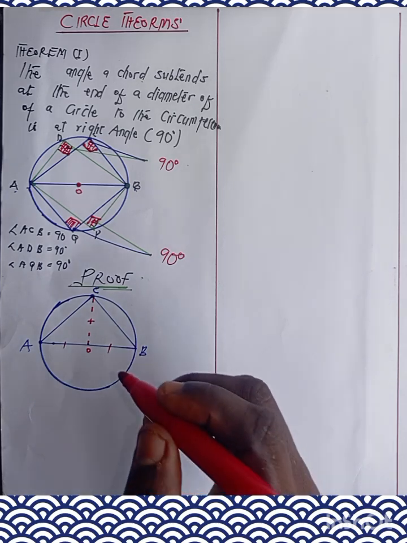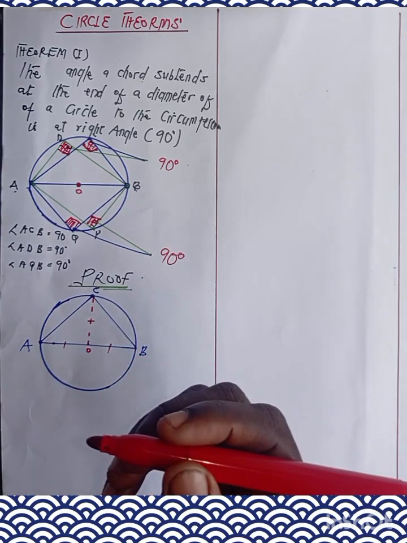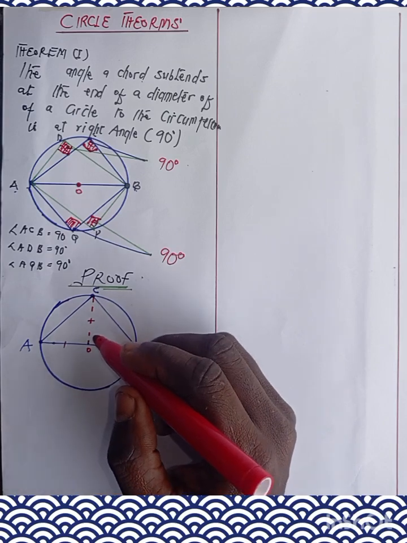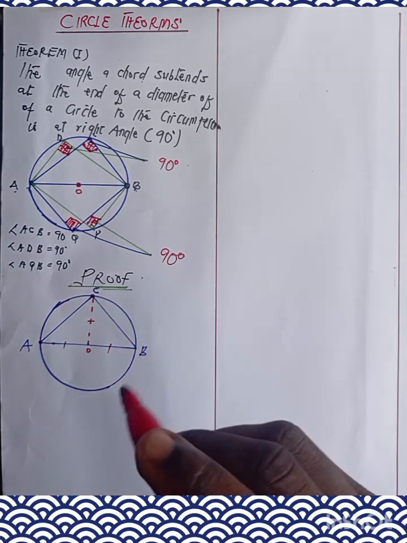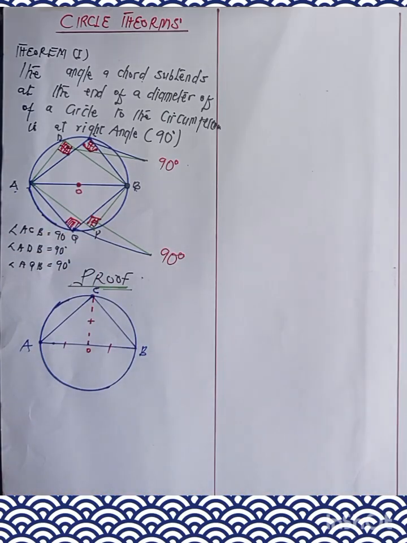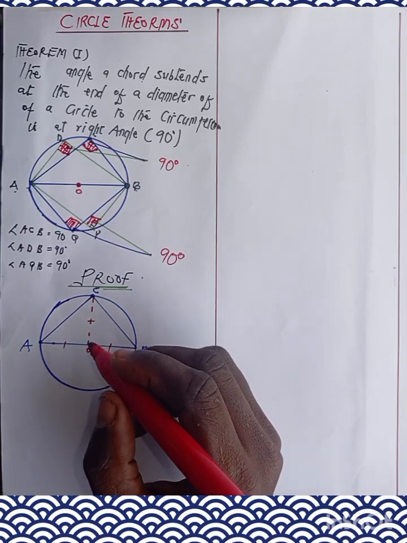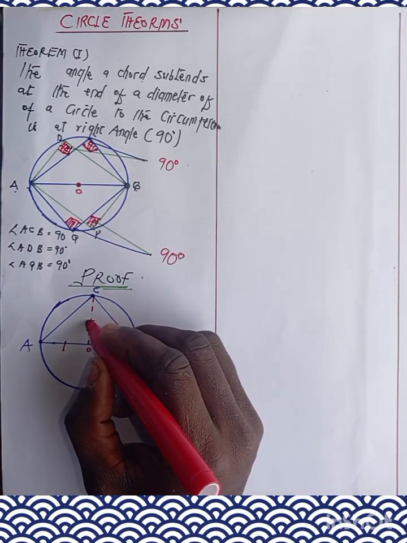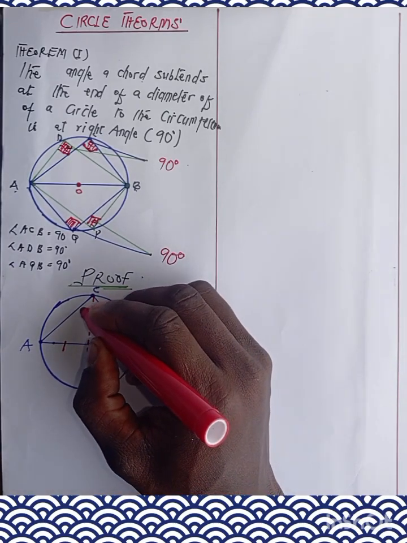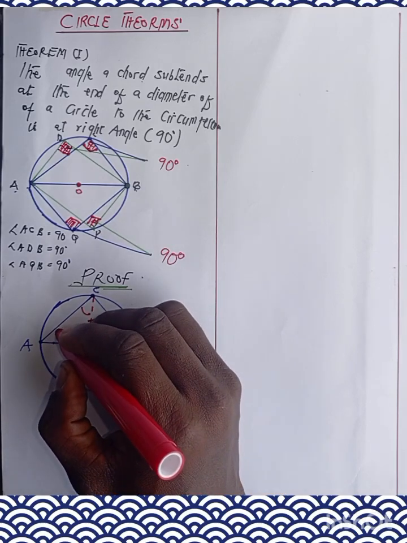Now if that is the case, then we have what we call an isosceles triangle. And we know that with an isosceles triangle, under the properties, two of the sides are equal and the two base angles are also what? Equal. If that is the case, then this line being equal to this line, the base angle here is also equal to the base angle here.